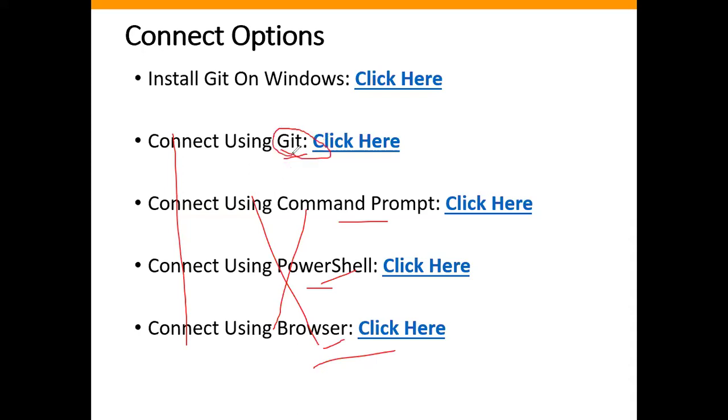Number two is Git. So here is the link from my side for your self-learning, on how you can connect to this particular machine by using Git also. And I have also given the link for how to install Git on Windows. So these are a few links for your self-learning.